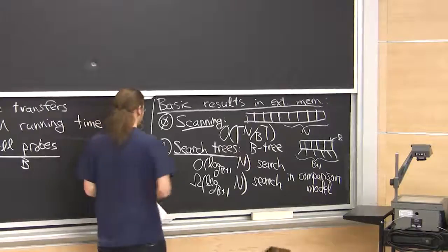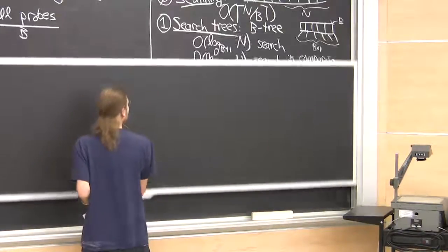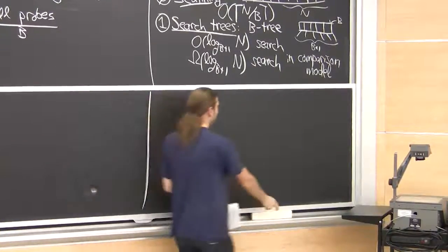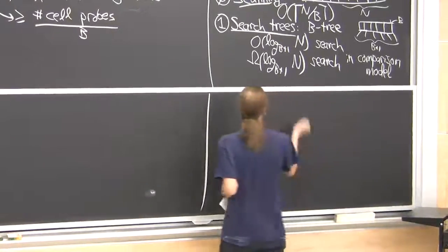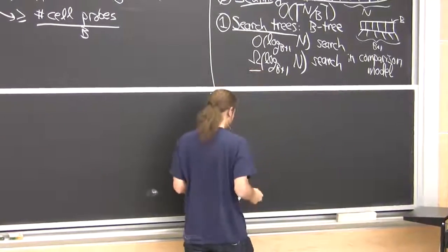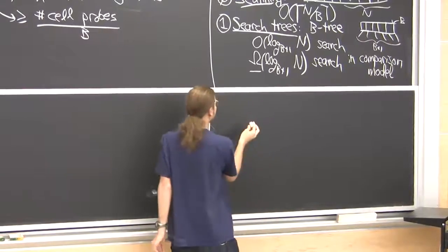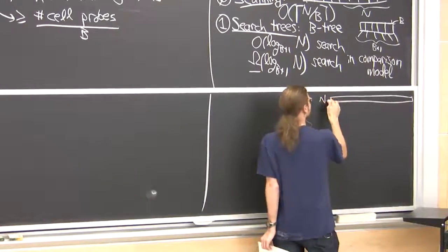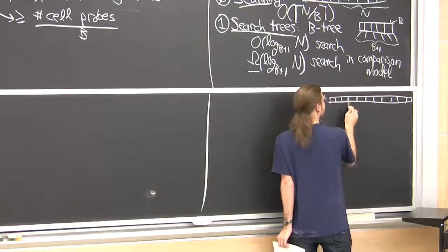Let me talk a little bit about the proof of that. It's a pretty simple information theoretic argument. So how do we prove this lower bound? The idea is the following. You want to figure out among n items here where your item fits. Let's say it fits right here.